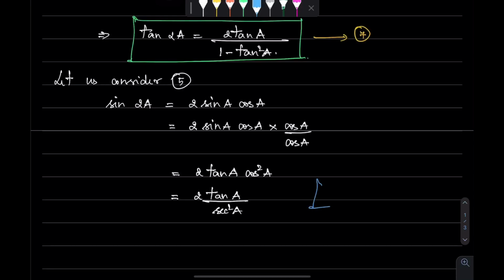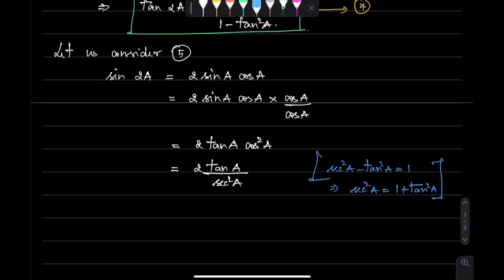What do we know? Secant square a minus tan square a is equal to 1. So from which I can say secant square a in terms of tan will be 1 plus tan square a. So I can use this. So what do I get here?